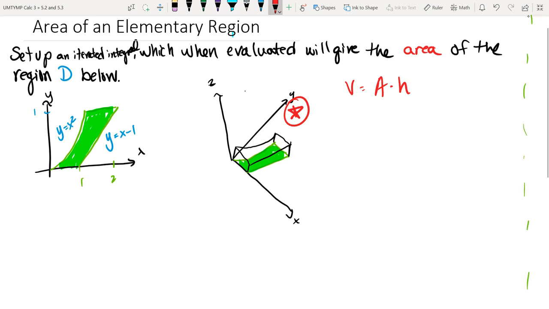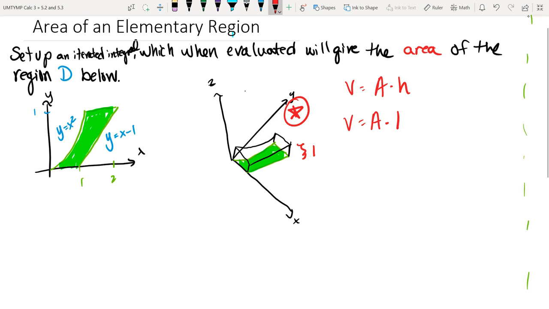So how can I link these things to get area? The volume and the area will be exactly equivalent when the height is 1. That is to say, we could create an iterated integral to find this volume, but the height has to be 1.